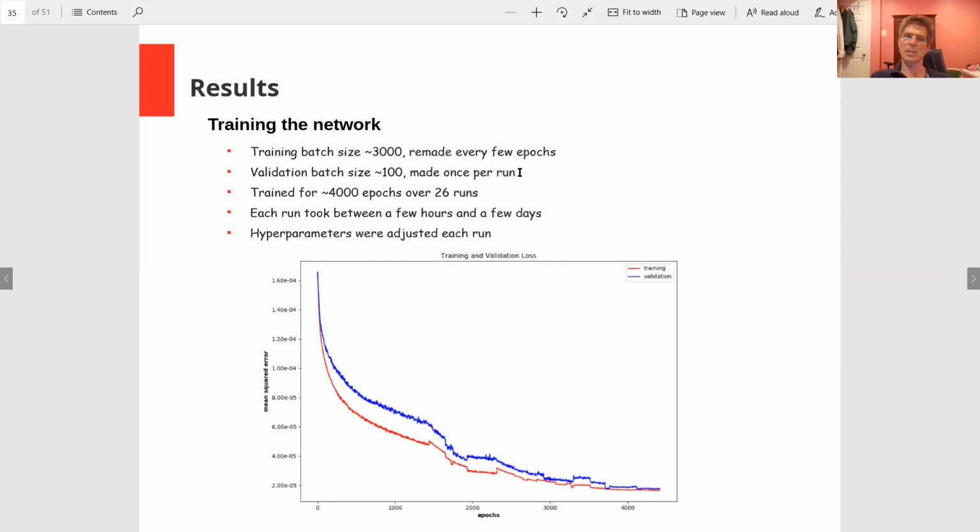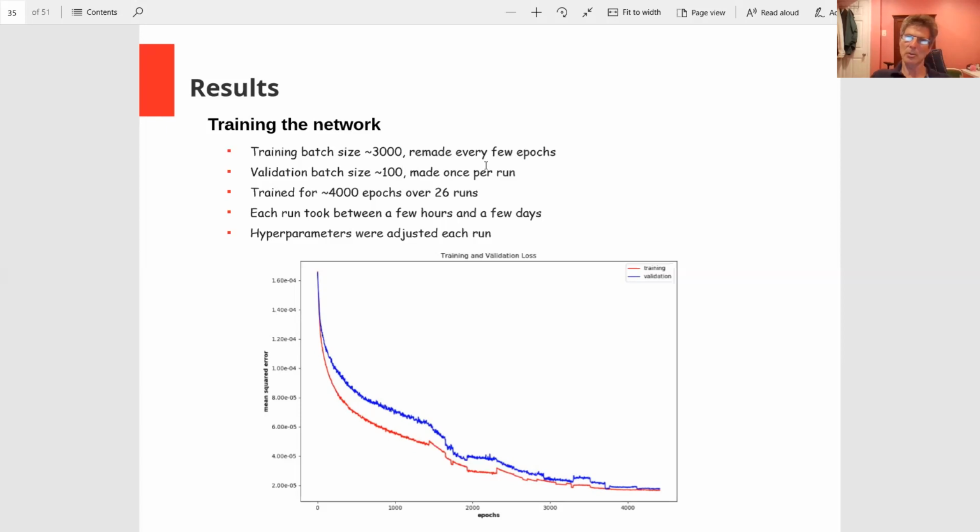But occasionally I would stop the run and make small adjustments, not to the neural network itself, but to some training parameter like the learning rate, say, or the size of the training batch, or some small adjustment like that.